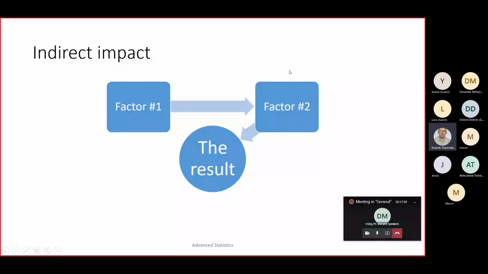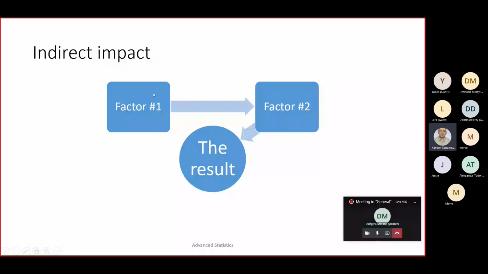So this is indirect impact, and factor 2 is called mediator or mediator variable.